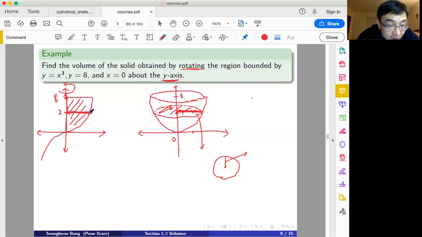So what's that? It's the x value. The function is y equals x cubed, so you have to solve this equation for x. You can take the cube root of both sides. x equals cube root of y.